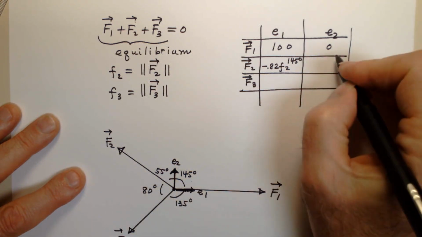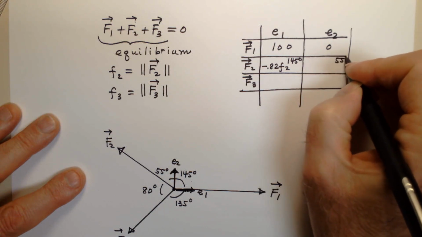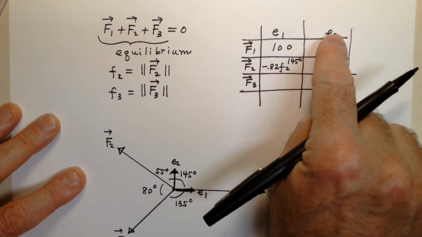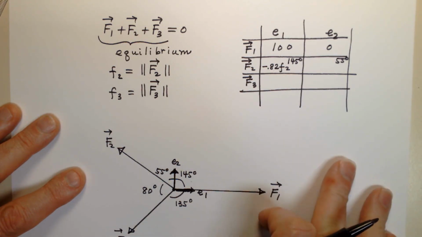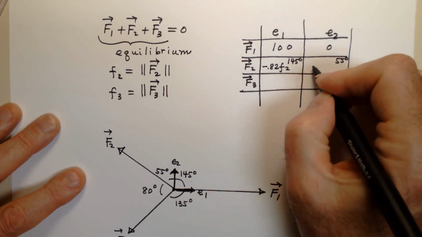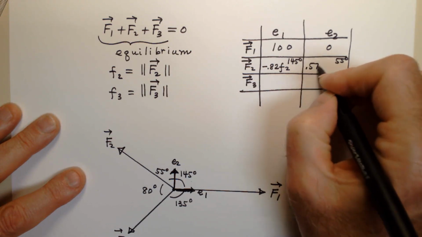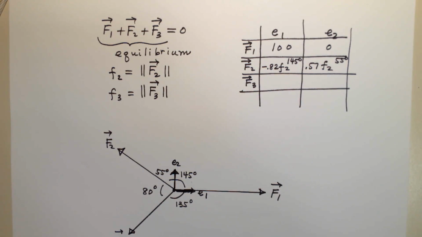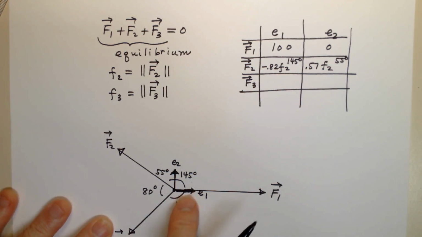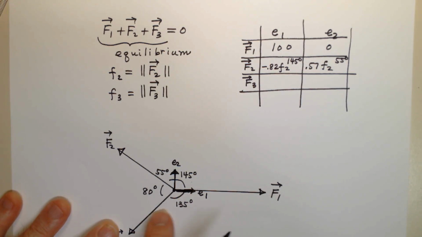So there's 55 degrees of angle between F2 and E2. So I have to work with that. When I compute the cosine of 55 degrees, I get 0.57. I'm rounding here just to keep the numbers small. So 0.57 F2.